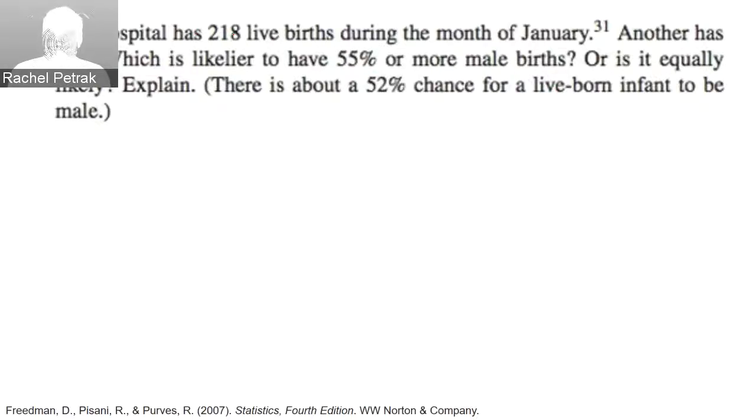With a smaller hospital, we're more likely to see this outlier percentage. As the size of the hospital goes up, the percentage of male births gets closer and closer to 52%. So the first, smaller hospital is more likely.